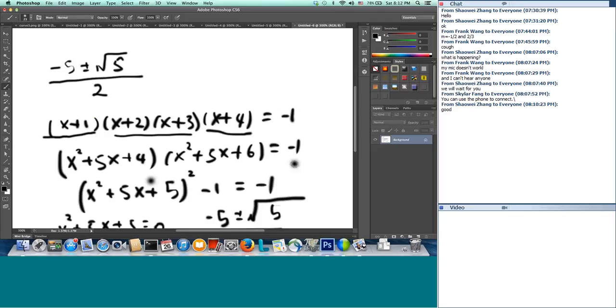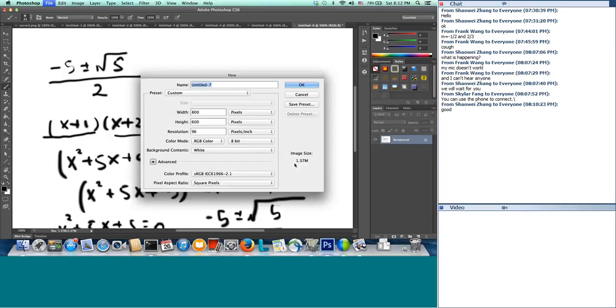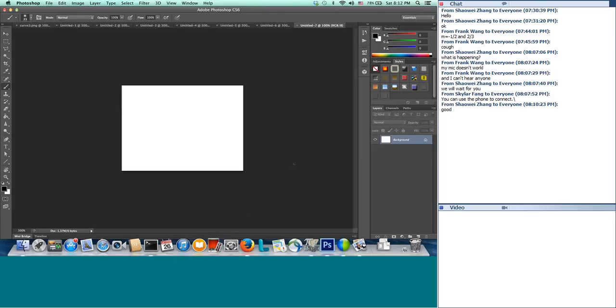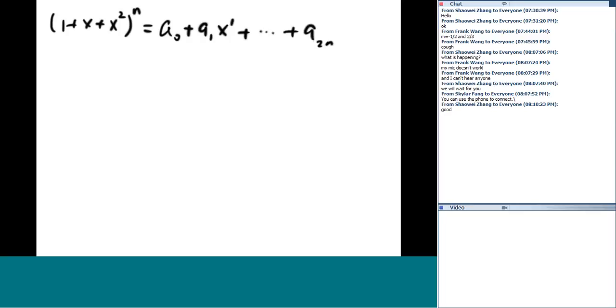Okay. Sometimes it's just a very basic trick, but we didn't really talk about it. (1 + x + x^2)^n must equal a0 + a1 x + ... + a_2n x^(2n), right?